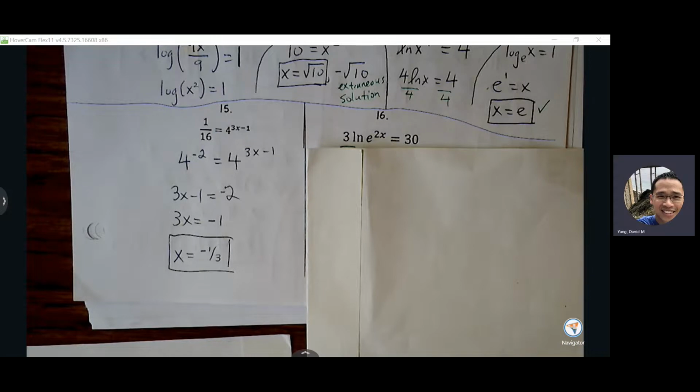Okay, first step for 16. Yeah, get that 3 out of the way, and we can just focus our attention on that natural log of e to the 2x.